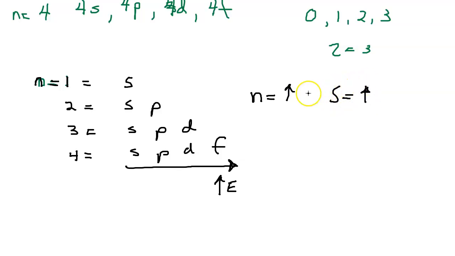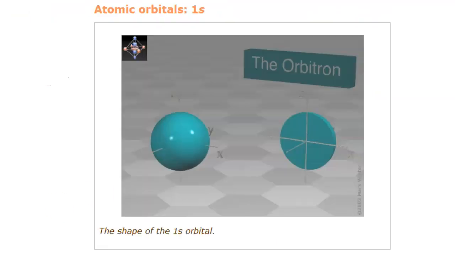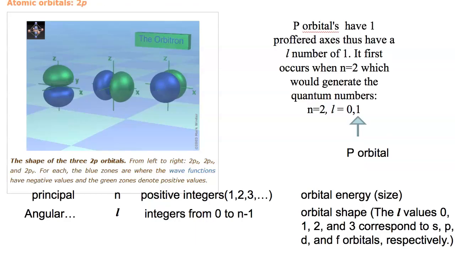So let's take a look at these shapes before we go on to the second and third type of quantum numbers. I'm using still images from the Orbitron website, a great website that shows you these three-dimensional wave functions that electrons exist in. So this is a 1s orbital. Okay, it's a pretty small circular orbital. So if we go here, here are the 2p orbitals.